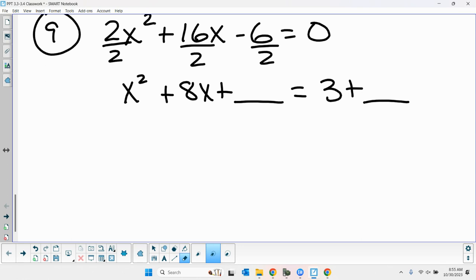B divided by 2 squared. Easy. So 8 divided by 2 is 4, and 4 squared is 16. Everybody in here should know that by now. Right, Cole? Right, Badger? Right, John?